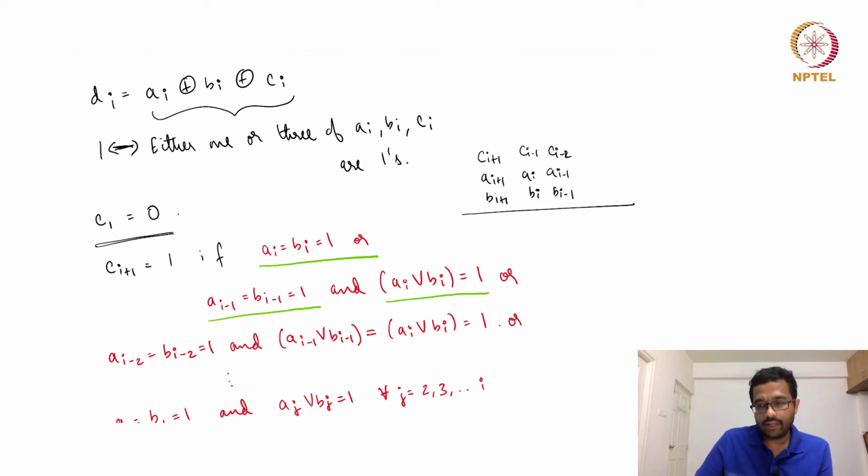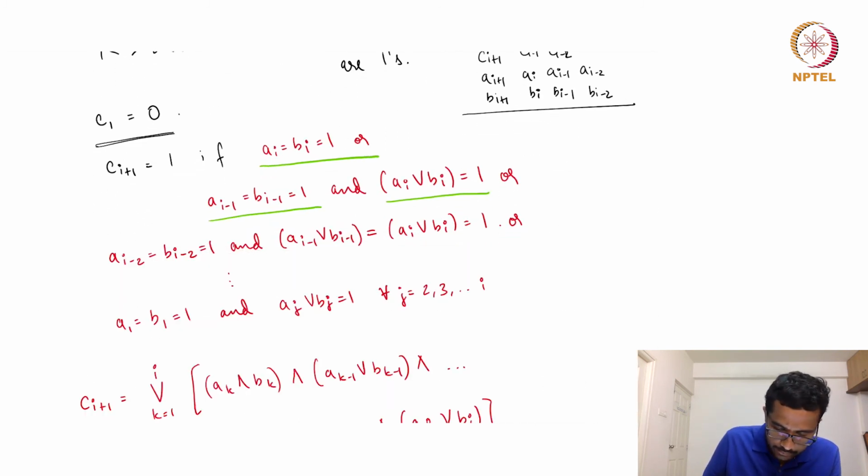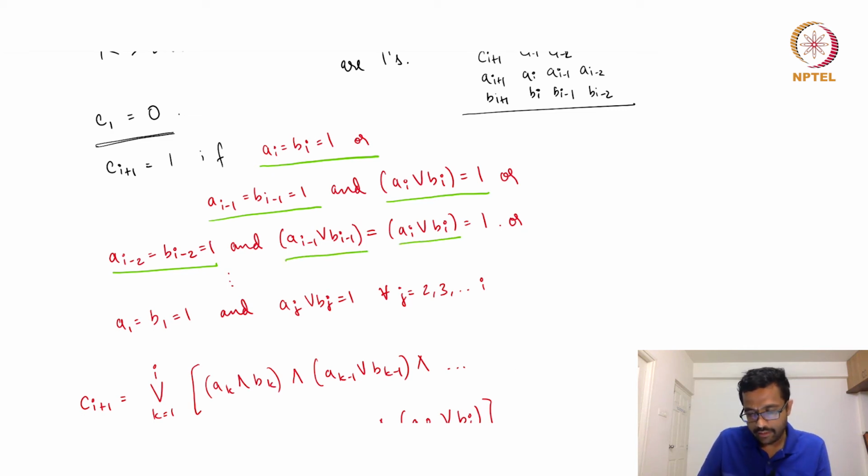And how did they get a carry? Because both Ai minus 2 and Bi minus 2 are 1s, right? So you could write that as a next step. Sorry, Ai minus 2 and Bi minus 2 are 1s, and at least one of Ai minus 1 and Bi minus 1 is 1, and at least one of Ai and Bi is 1.